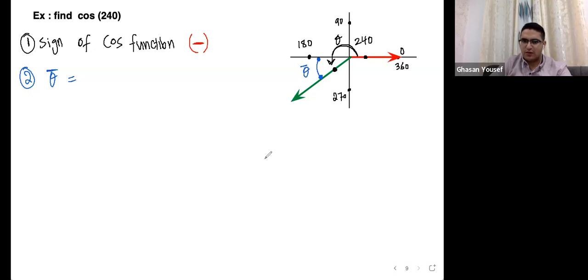Let me ask, are you sure it's 45? I think it's 45, but is it surely 45? From this point to this point is 240, and from this point to this point is 180. I think it's more than 45.